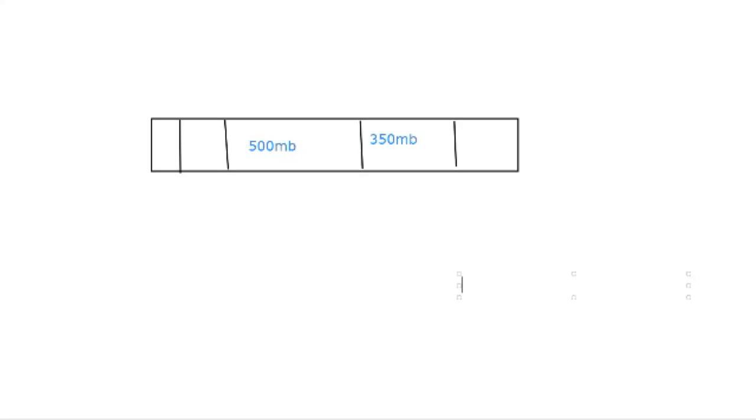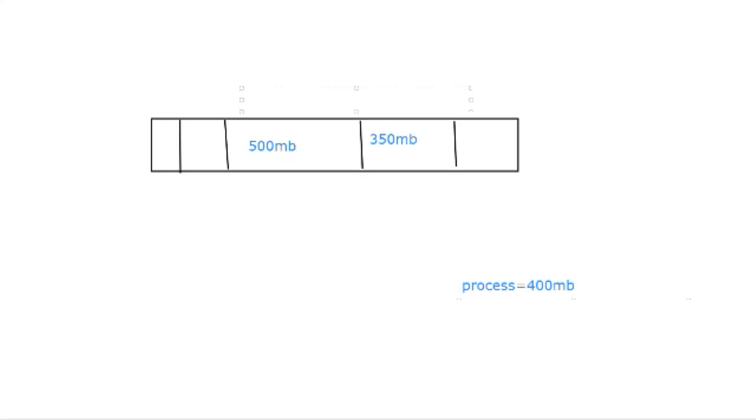Now there are only 2 blocks available, 500 MB and 350 MB. If a process which requires 400 MB comes, then what will be done? Say I give names to the blocks. This one is block A and this one is block B.